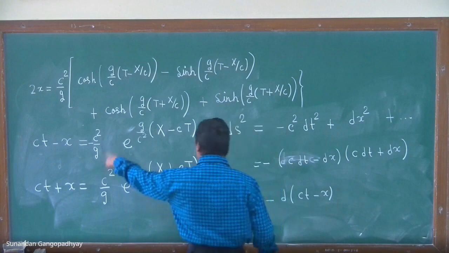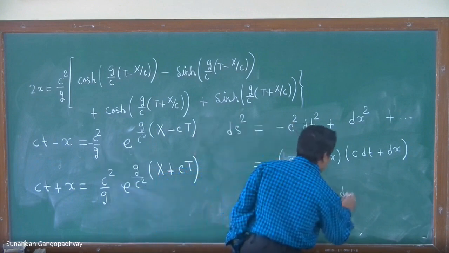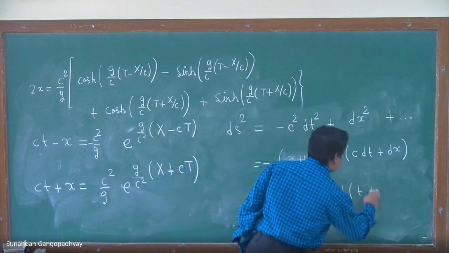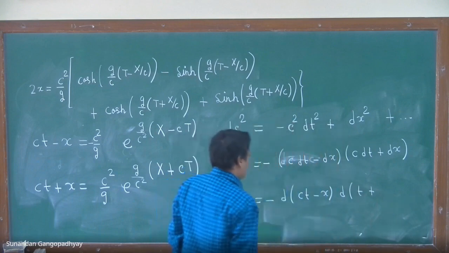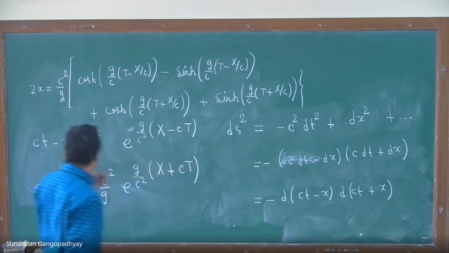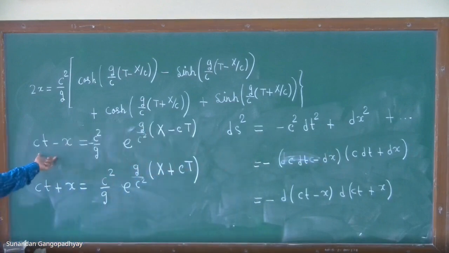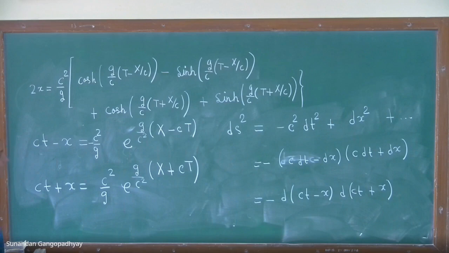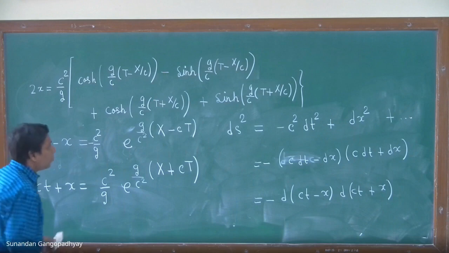So that is the reason we kept it in that way. It just simplifies the calculations a lot. So this is ct plus x. So you know what ct minus x is and what ct plus x is. You just put it there. That's it.